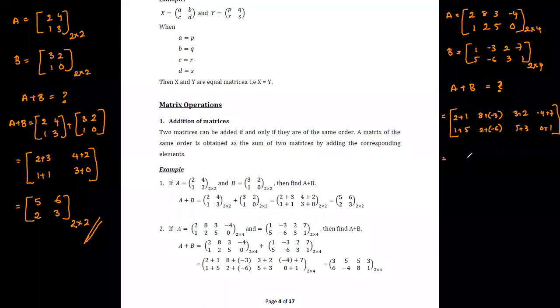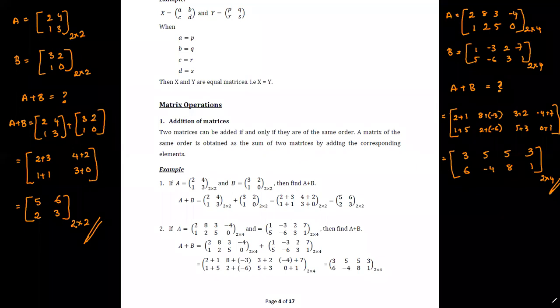If you perform this addition, this results in 3, 5, 5, 3, 6, minus 4, 8, 10. This is a 2 by 4 matrix.